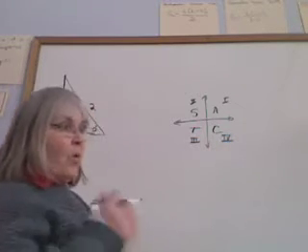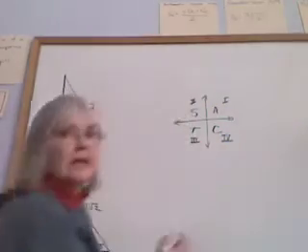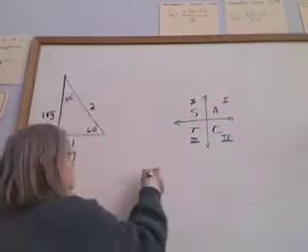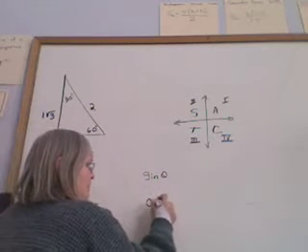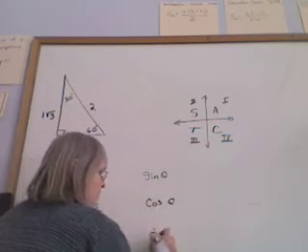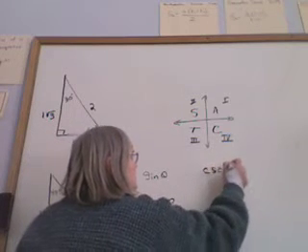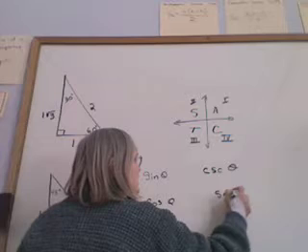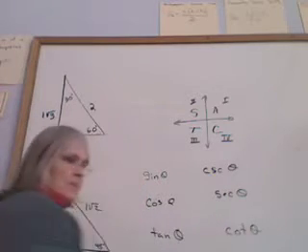And again, when you do the 6 trig functions, I'd like you to write them in this order, in this sort of chart. Sine theta, cosine theta, tangent theta, secant theta, cosecant theta, cotangent theta.